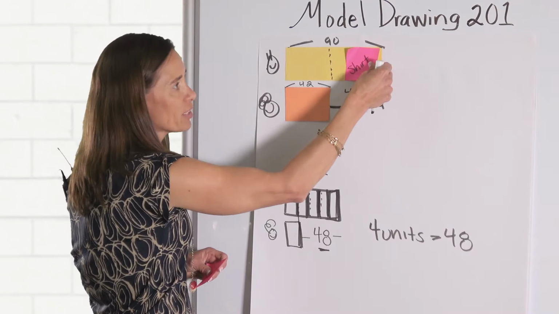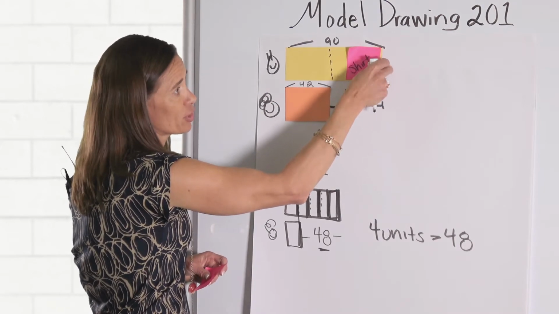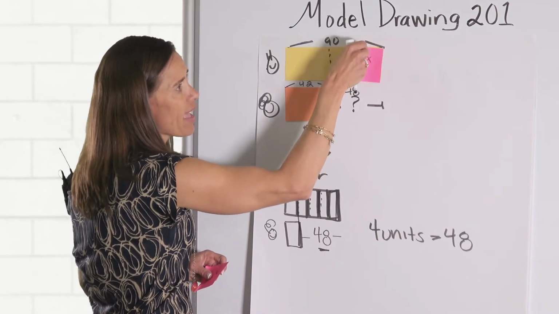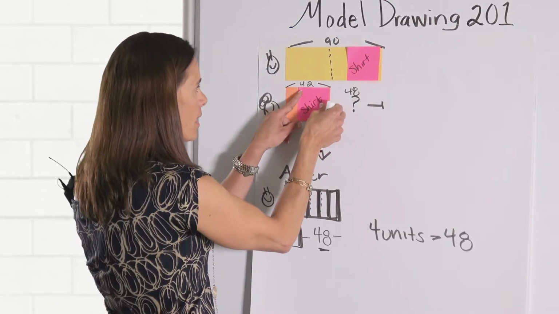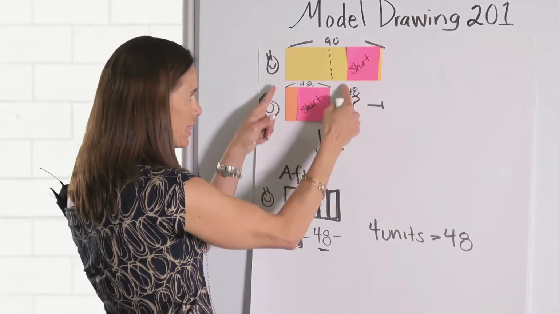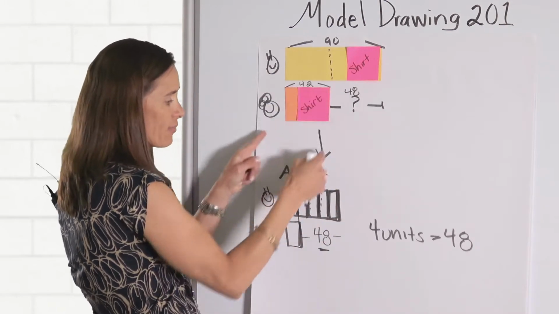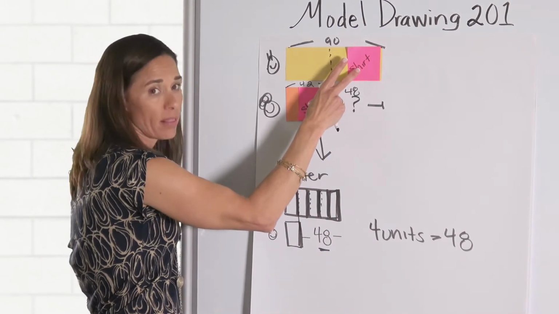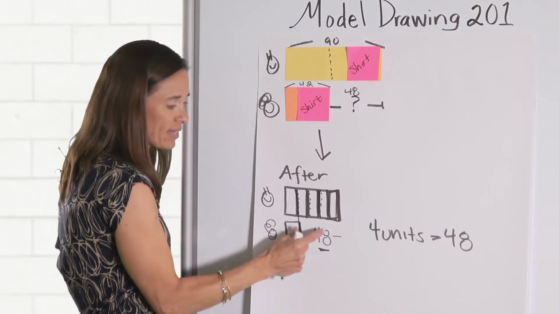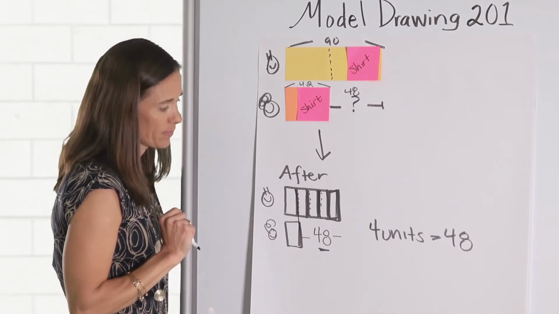When they go buy a shirt, we don't know the cost of the shirt, but say the shirt's $10, they both spent $10. So there's still a difference of $48.